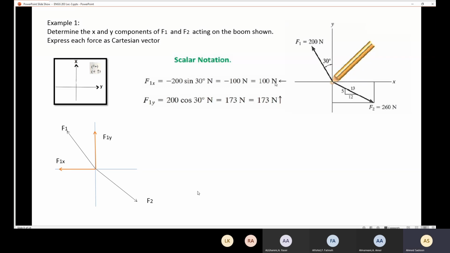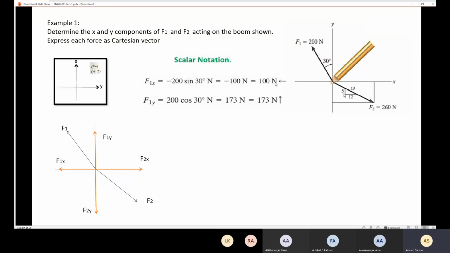Also, regarding the second one, which is F2, this time he didn't give us any angle. He gave us the proportional length. And F2 is going to be decomposed into F2x, this one is positive, and into F2y, this one is negative.